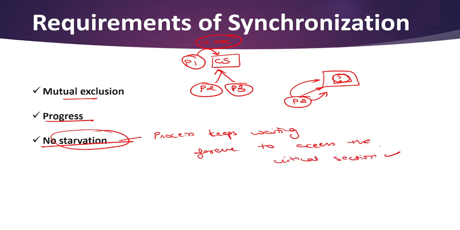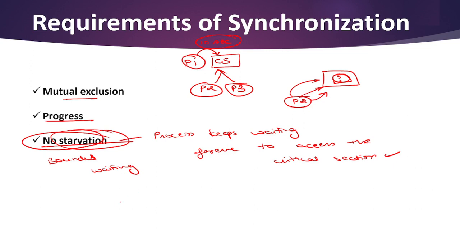This is known as starvation. So no starvation is also known as bounded waiting. I have told you these three types: mutual exclusion, progress and no starvation, which is also known as bounded waiting, right?